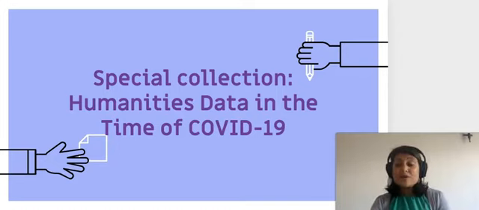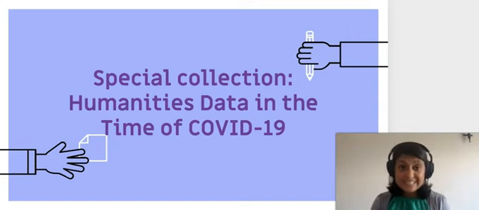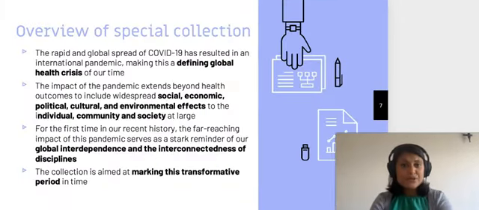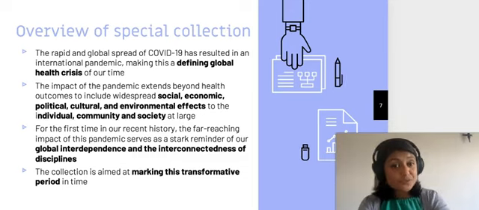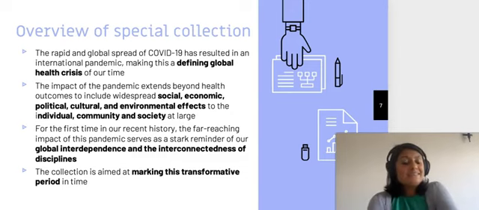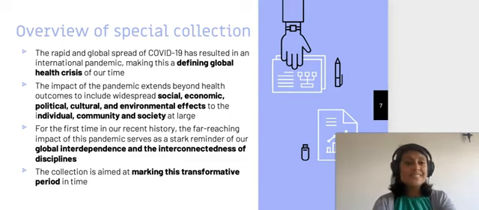So now that we know a little bit more about data journals and data papers, I'd like to tell you about a really special collection that we started last year that focuses on data in the time of COVID-19 and humanities data in particular. So we've lived through this COVID-19 pandemic for almost 2 years now, and our personal experiences and of course the data show us that this has made it the defining global health crisis of our time.